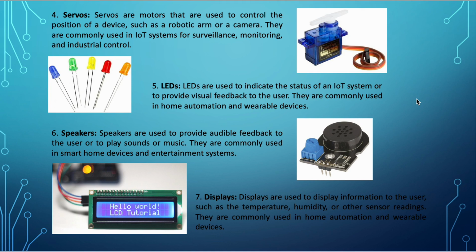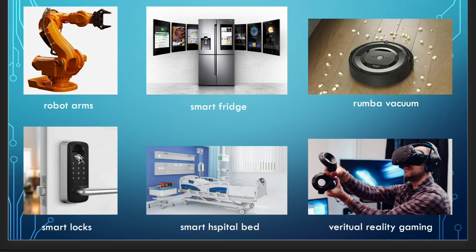I think there is no need to explain why LEDs are used in IoT, right? In any situation, to see if there's an error, we can use a red light bulb. If something works properly, we can use a green light bulb. If you have a fingerprint reader over here, you can use a red LED to say your fingerprint is denied. If your fingerprint is authenticated, you can use a green LED.